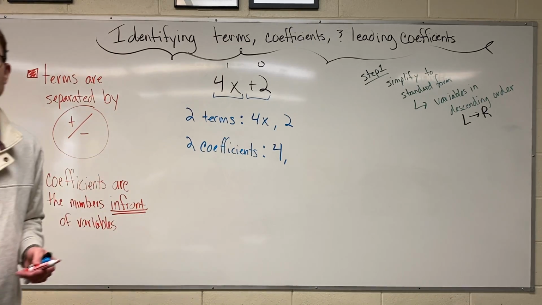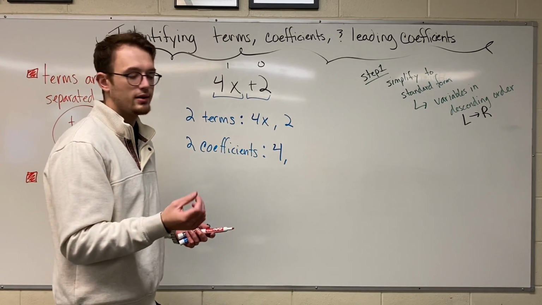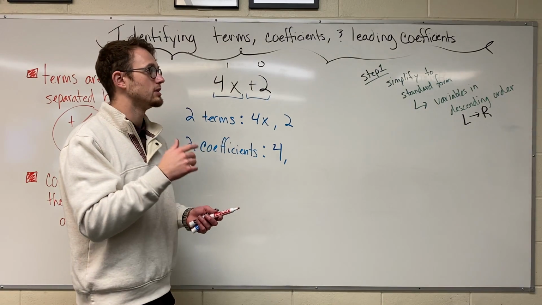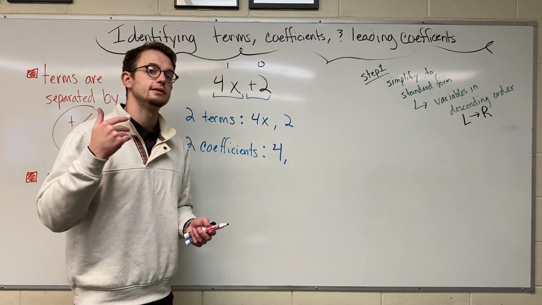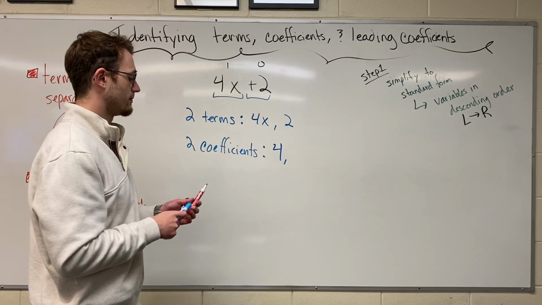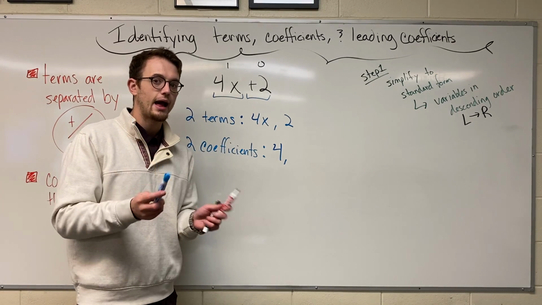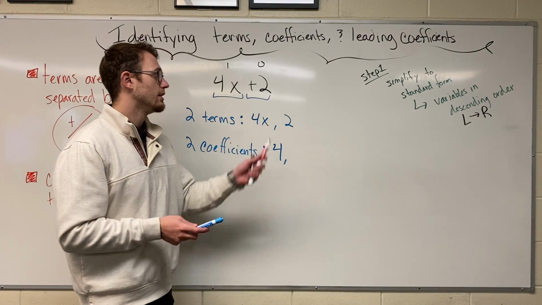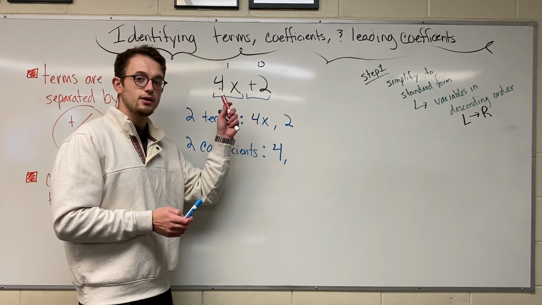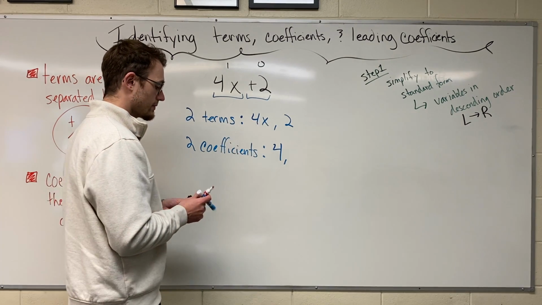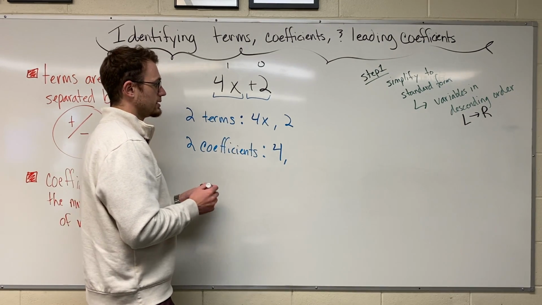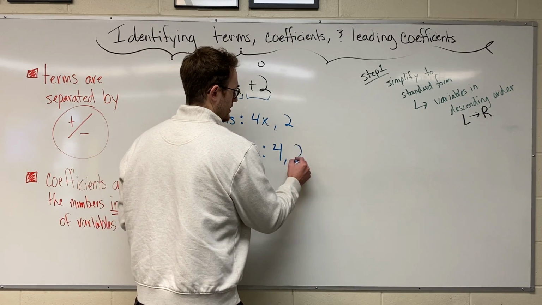It's just an invisible 1. Just like there's sometimes an invisible 1, sometimes there's things that we don't write because it's more simplified to not write them. The point is, for now, just remember that that 2 is also a coefficient. So that 2 is also a coefficient.